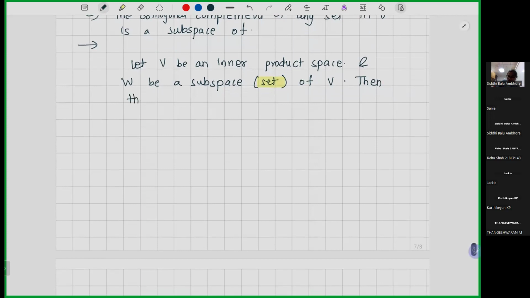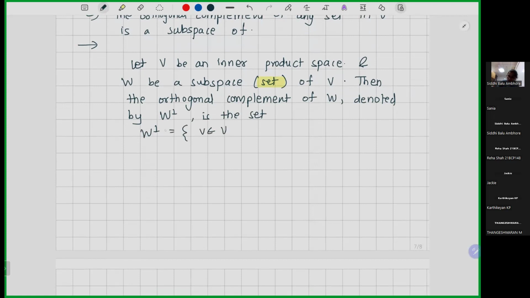The orthogonal complement of this set or subspace W is denoted by W perp and is defined as W perp equals the set of v in V such that the inner product of v with w is 0 for all w in W. So for all is very important.